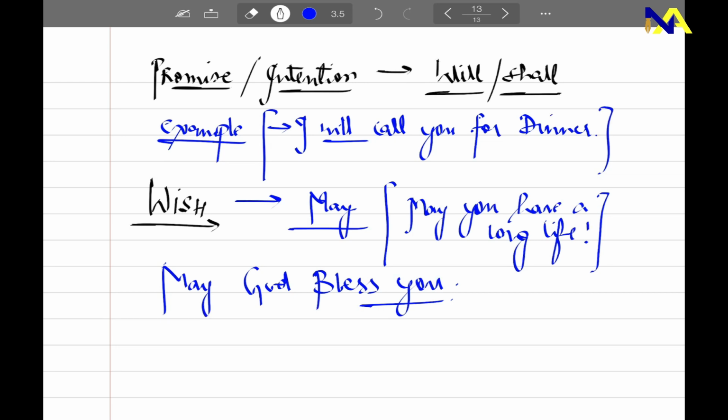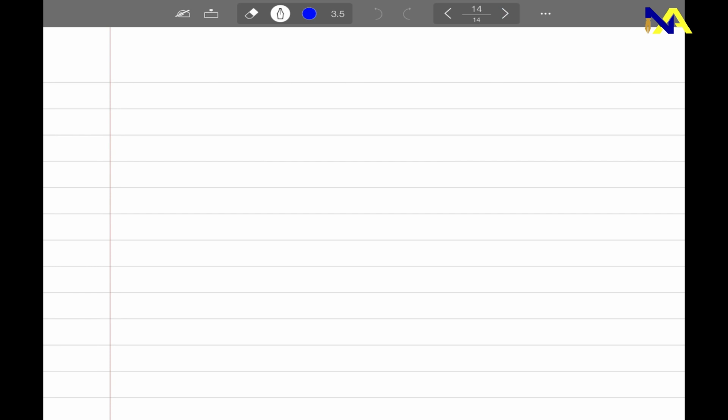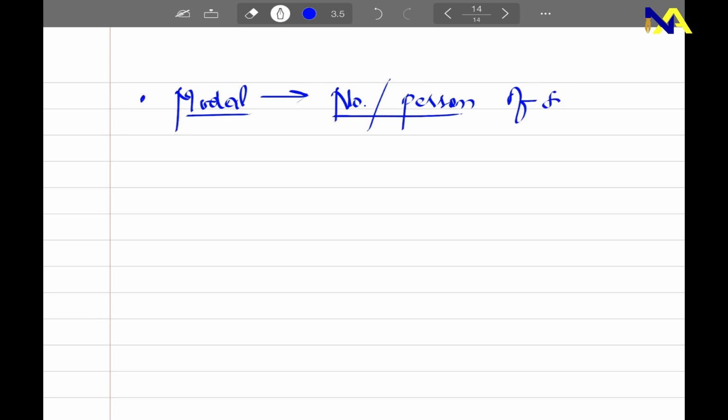Yeah. A few more things to be remembered, that a modal does not change according to number of people or person, of subject.